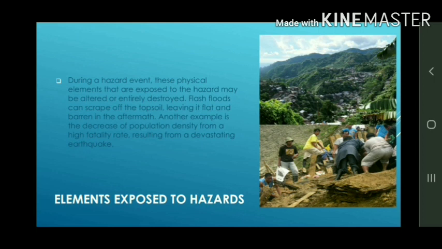And another example is the decrease of population density, which means a large number of deaths during an earthquake. For example, an earthquake with a magnitude of 7.2 results in a large number of deaths.